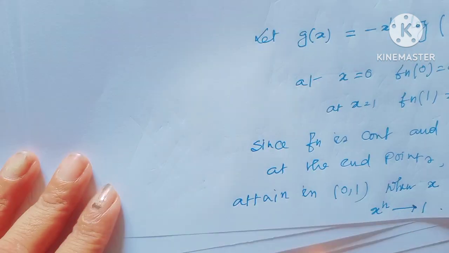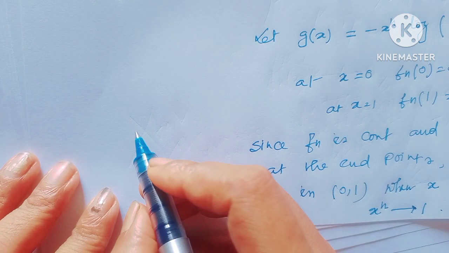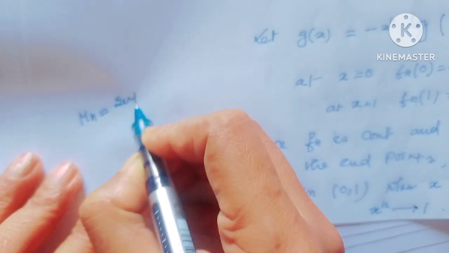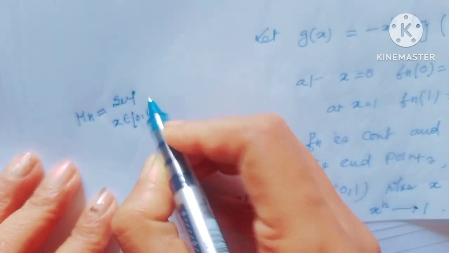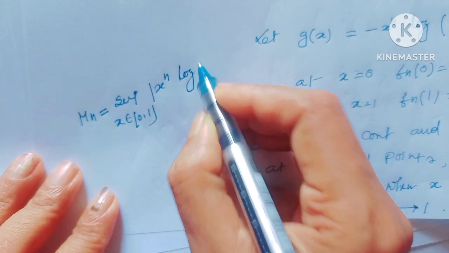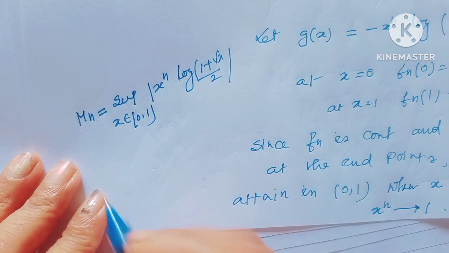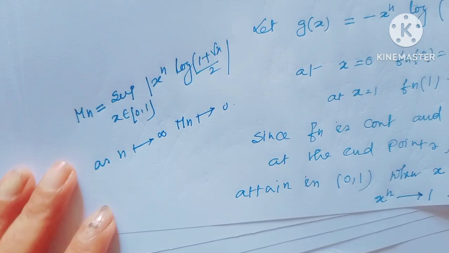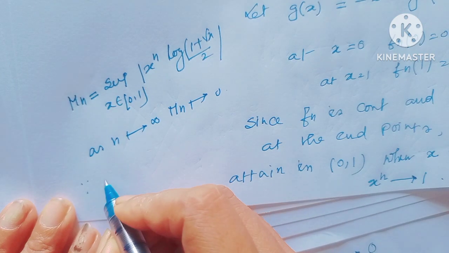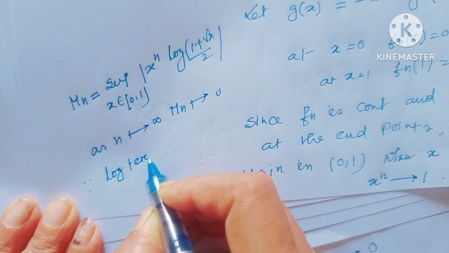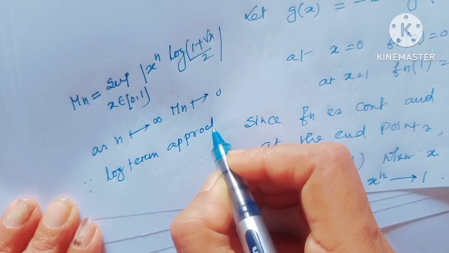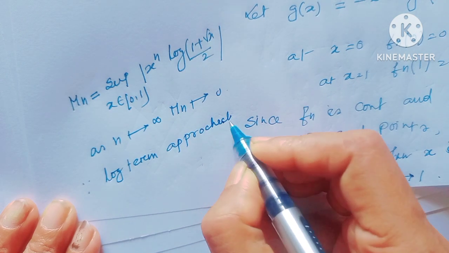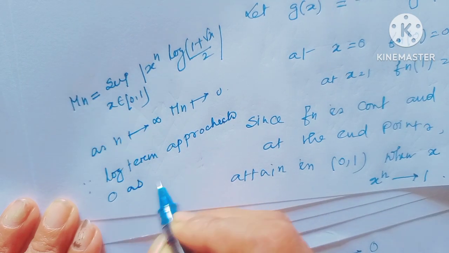Therefore Mn, which is equal to the supremum over x in [0, 1] of x to the power n log((1 + √x)/2), tends to 0 as n tends to infinity, because the log term approaches 0 as x tends to 1.